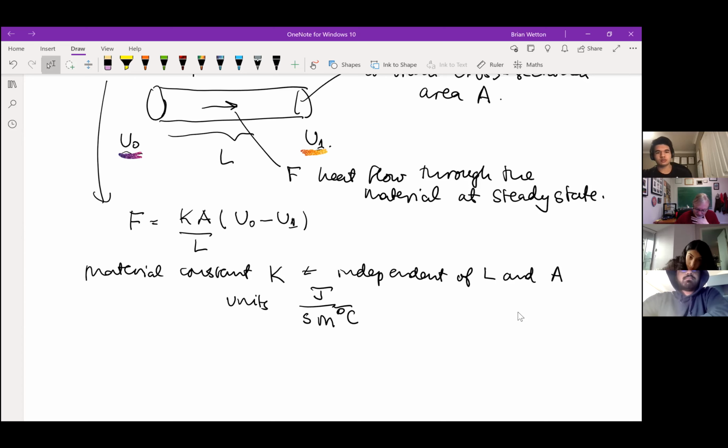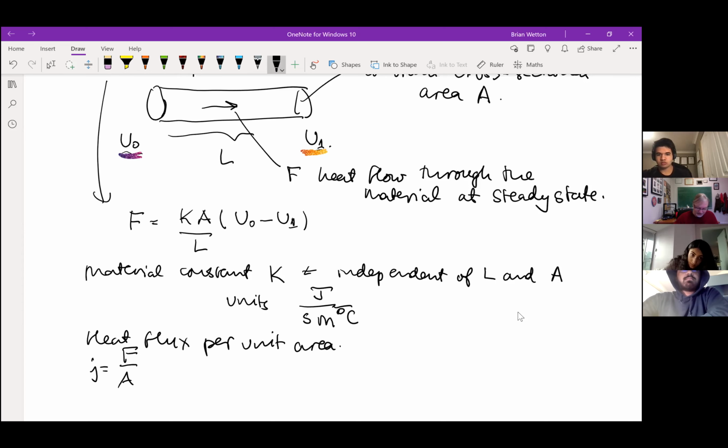So I can also simplify this a little bit. I can think of the heat flux per unit area. So that's F divided by A. J is something that's often used for a flux in this way, flux per unit area.